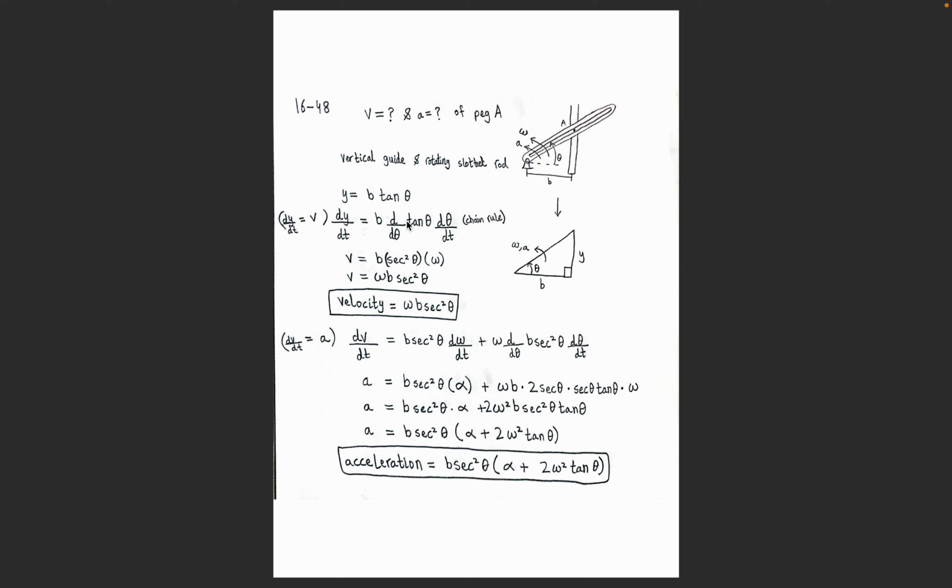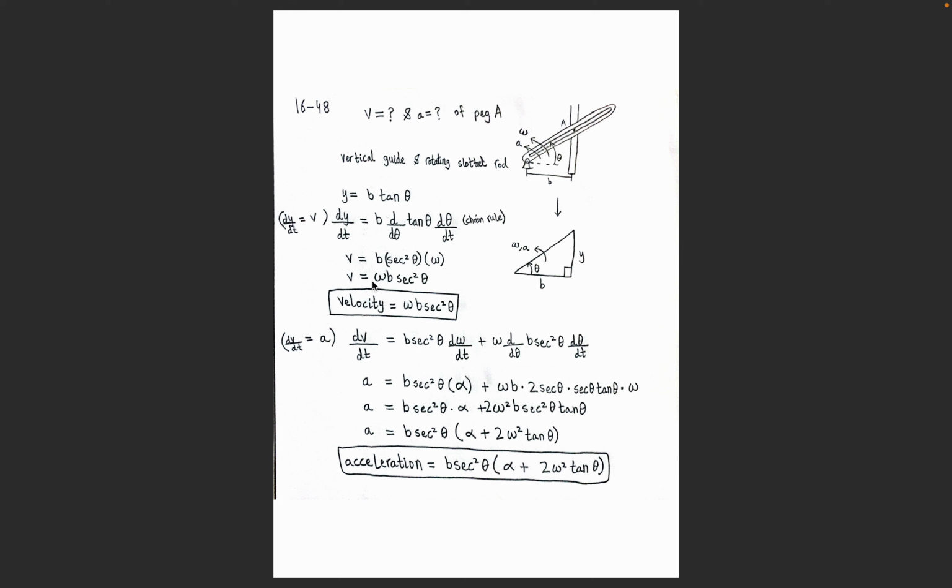So d over d theta of tan theta, and by the chain rule, d theta over dt. d theta over dt, as you know, is omega, the angular velocity, because theta is the angular displacement. The differentiation of tan theta is secant squared theta, and b remains as it is.